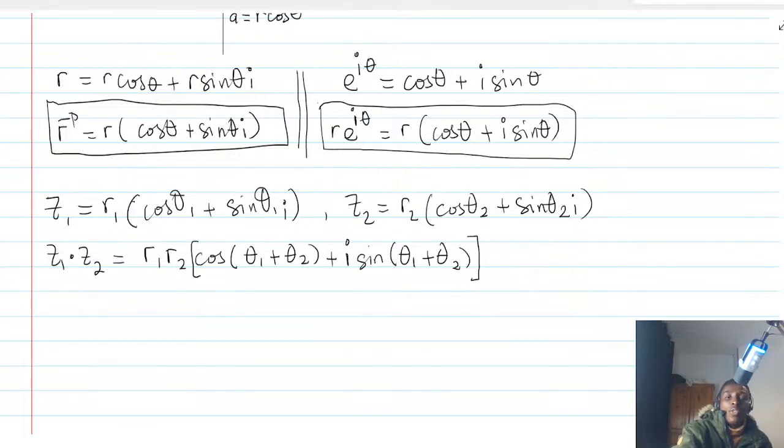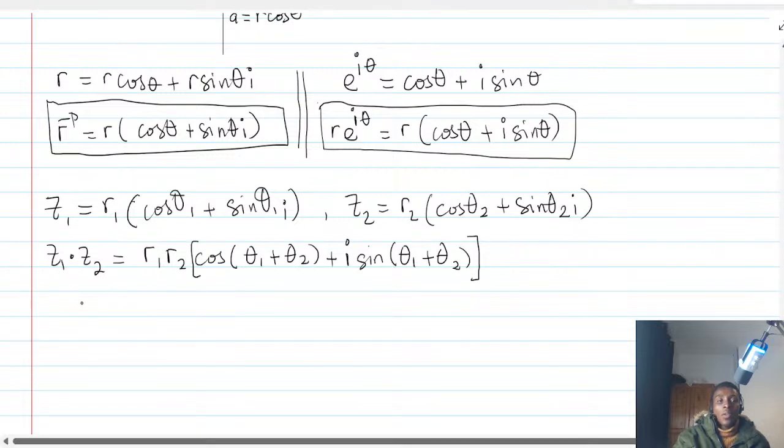And then if you want to divide, so for division you actually subtract. Okay, so this is how it's going to be.